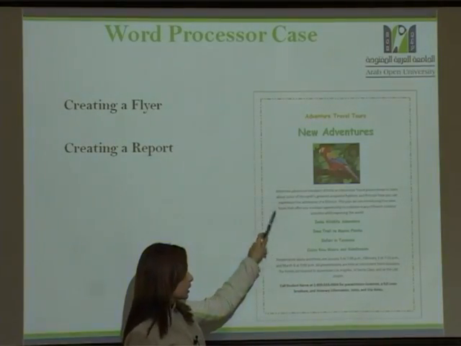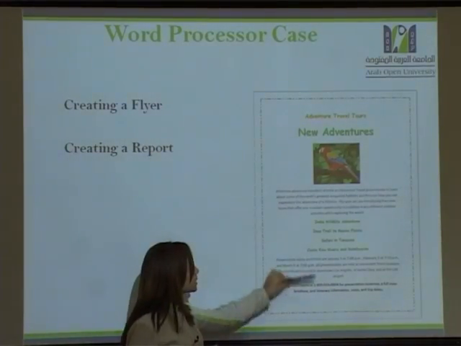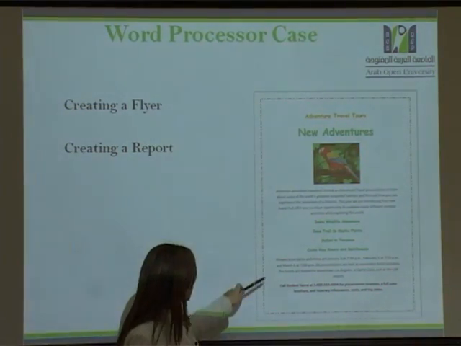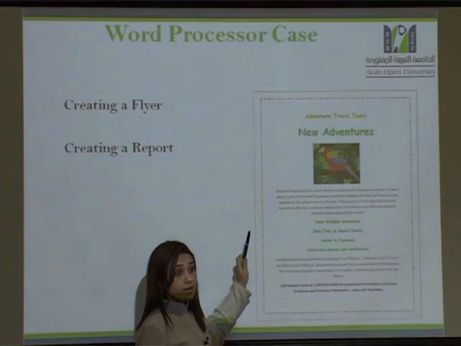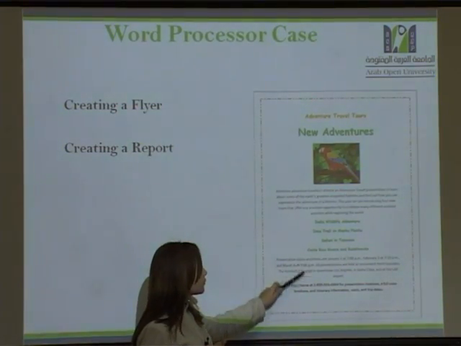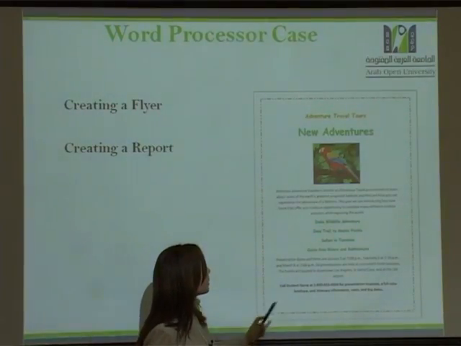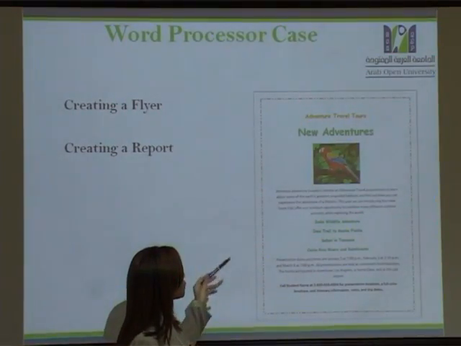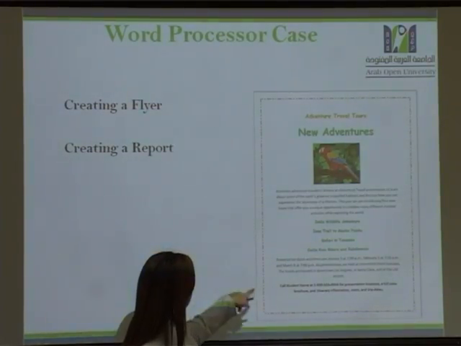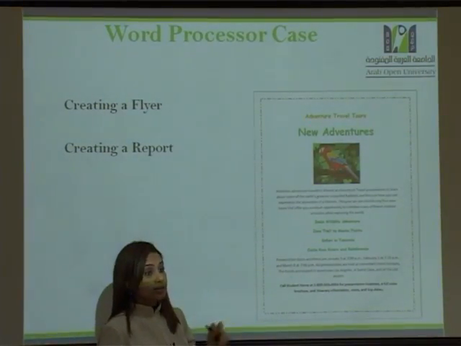We make some text editing. All the text is centralized, written in the center. All the text follows a specific style. We formatted the font by size and color as well. So we use different styles and different colors, and we insert a picture as well as a page border.